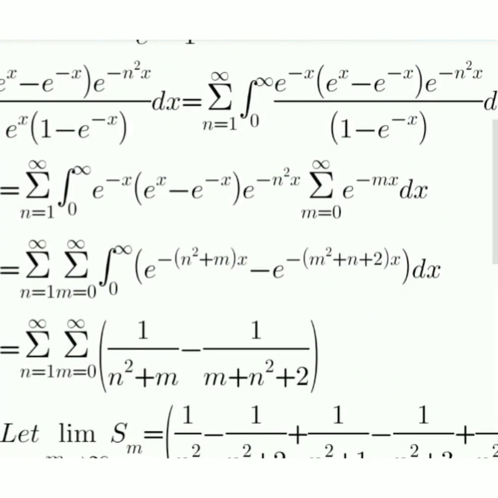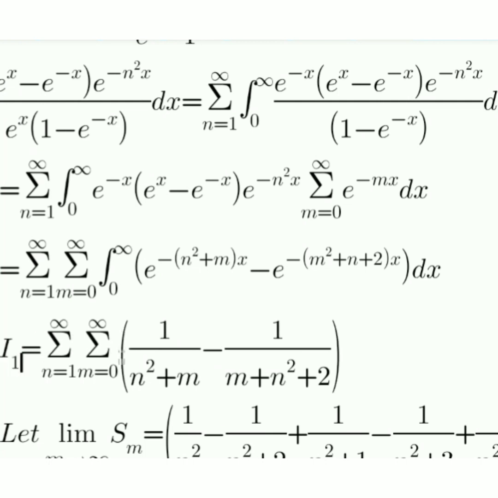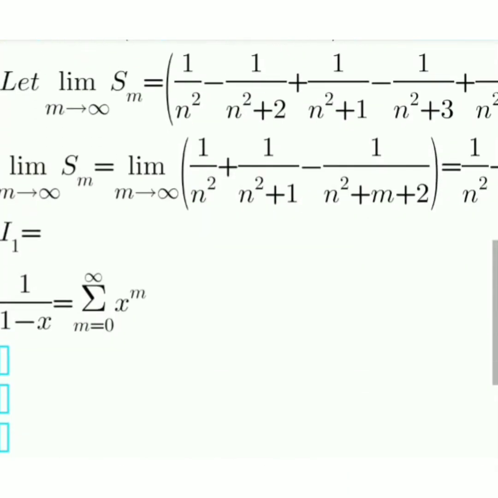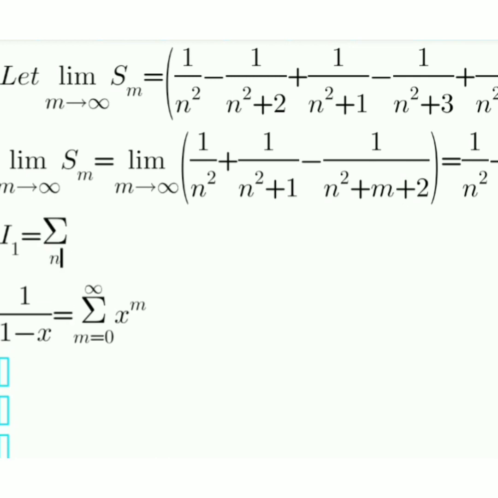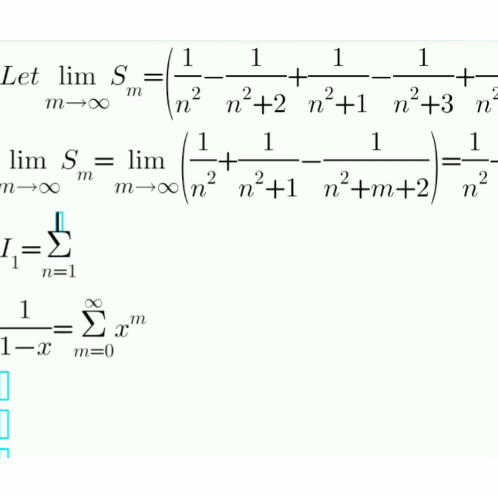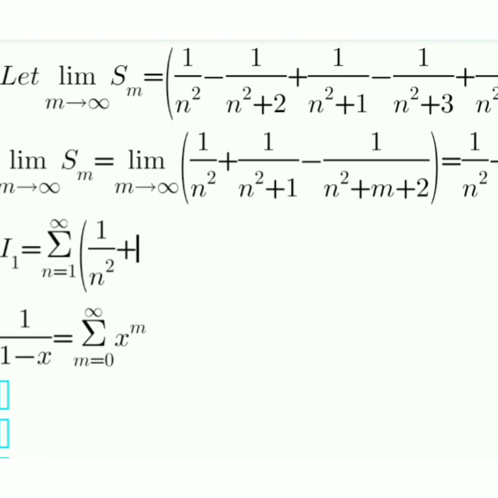This value is I1, we can get I1 values should be summation n equals to 1 to infinity, 1 by n square plus 1 by n square plus 1.